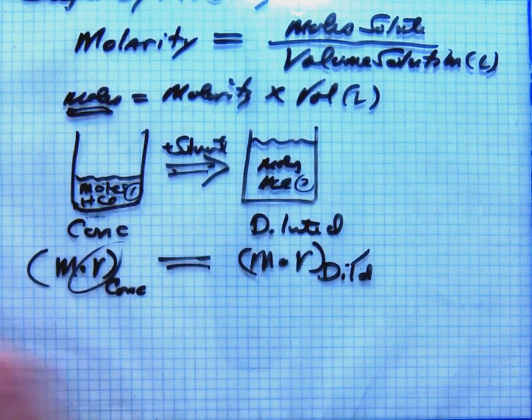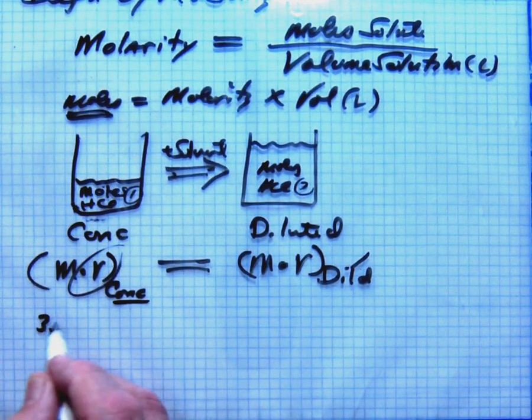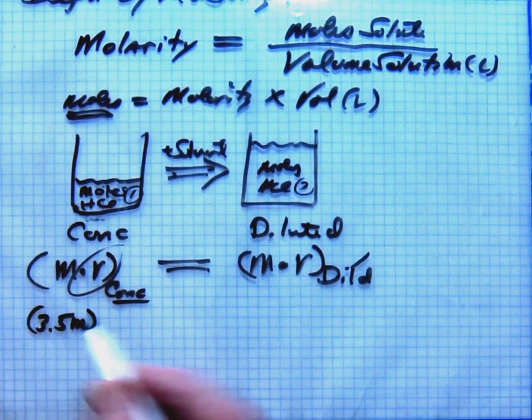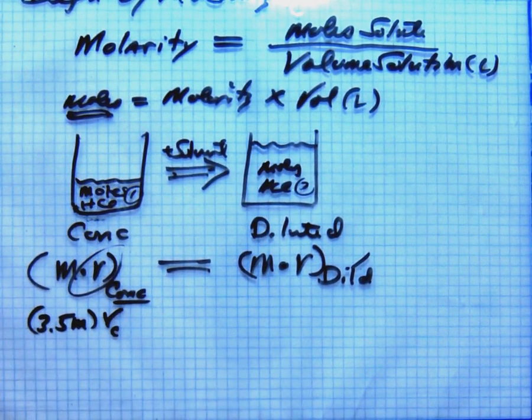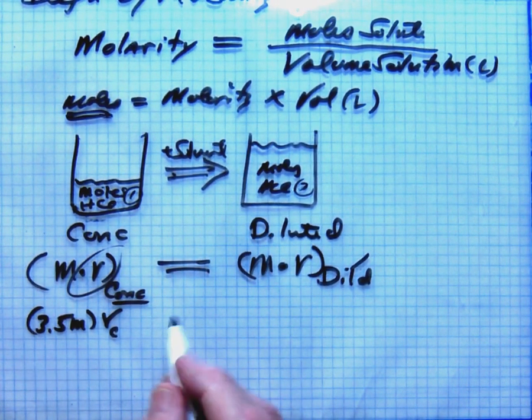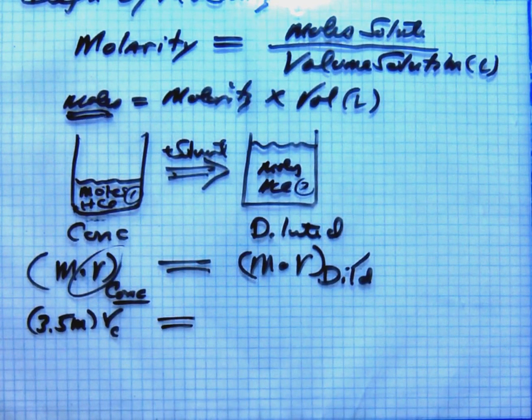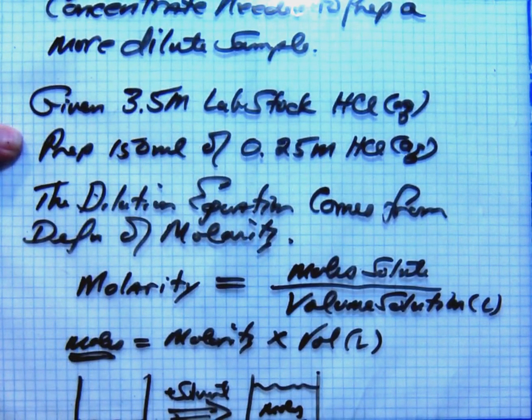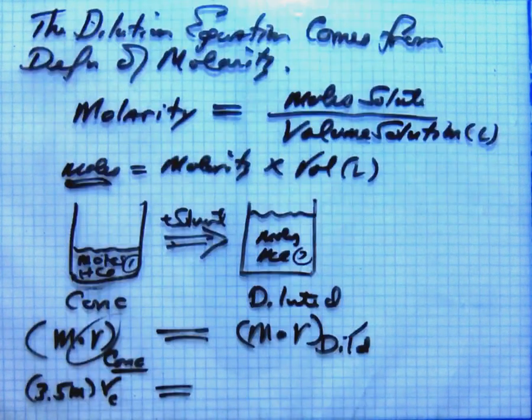We have on the shelf for the concentrate a 3.5 molar solution. We don't know what we need to extract from the concentrate. But we do know what we want to make. We want to make 150 milliliters of 0.25 molar HCl.